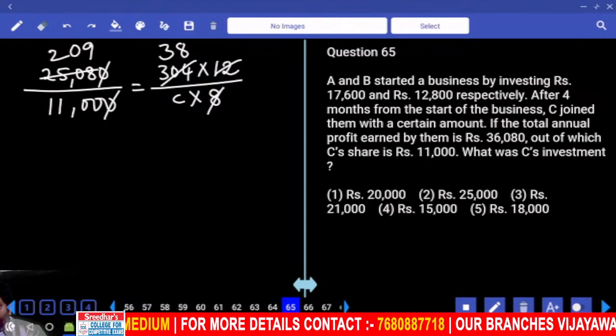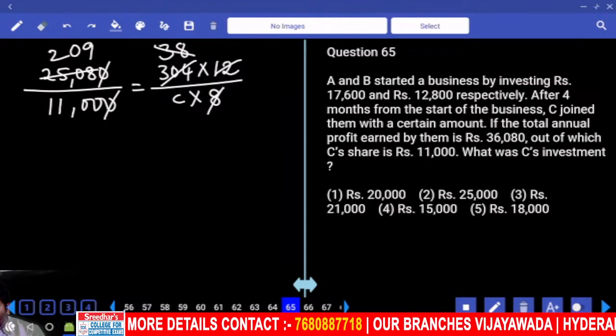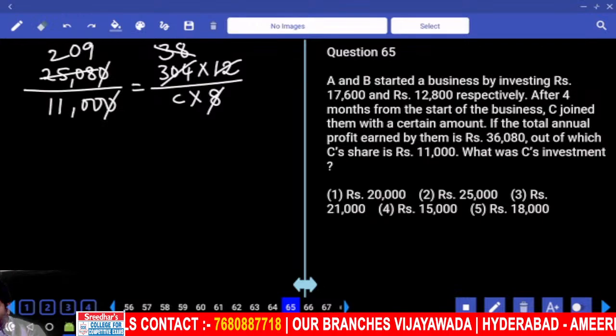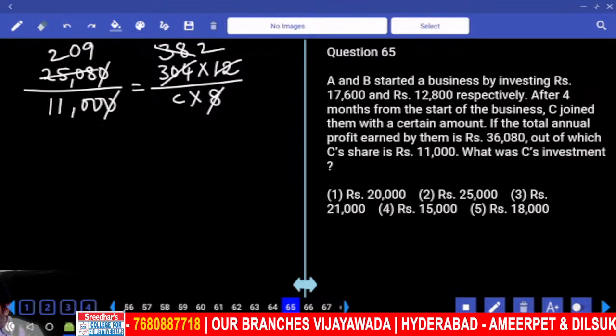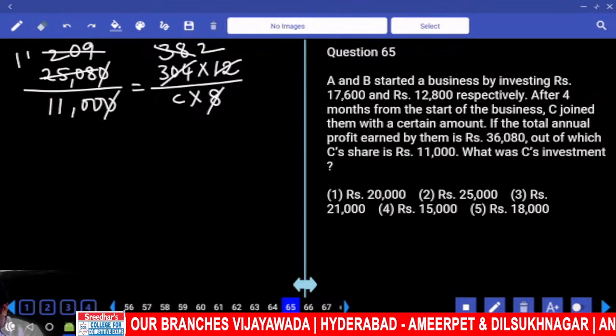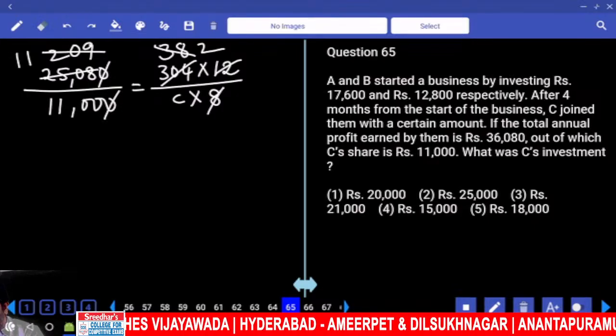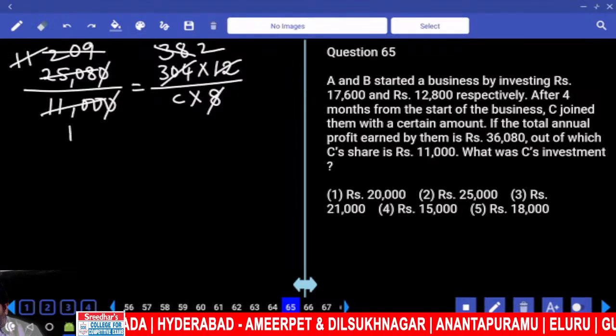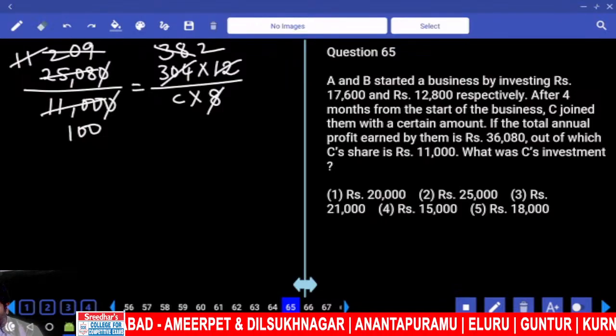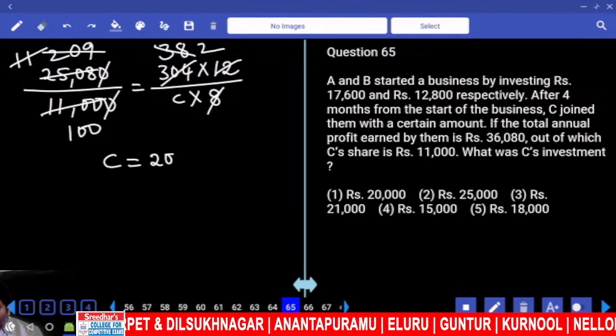Right? What is half of 38? 19 2 times. 19 11 times. 11 100 times. C is equal to 200.